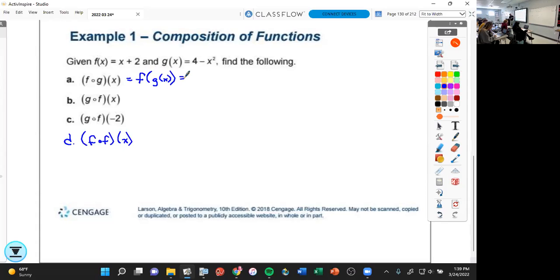The f function is x plus 2. There's an x. What am I going to change that x into? This x becomes 4 minus x squared. So I'll replace x with the g function, plus 2.